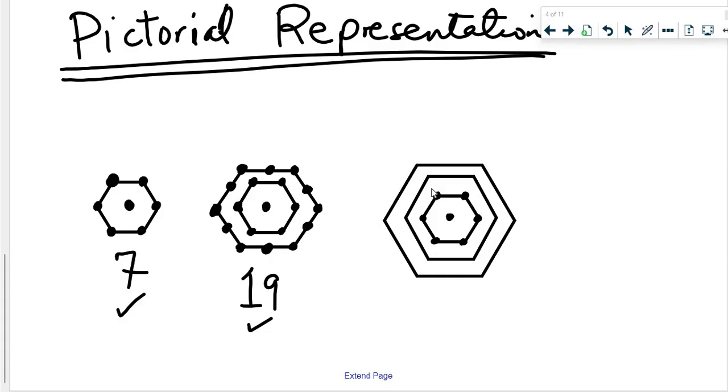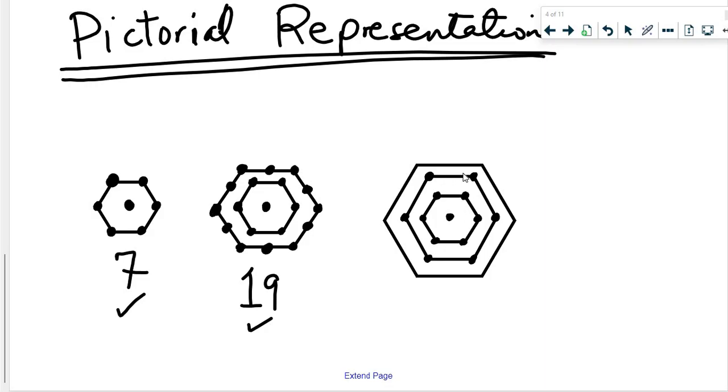Now going outside, you're going to make the same thing. 1, 2, 3, 4, 5, 6. Can you see that? So you have kept a dot corner to corner. But what did I say?